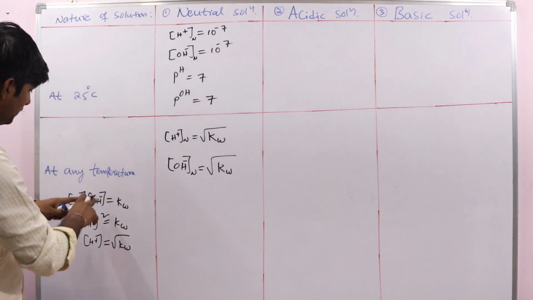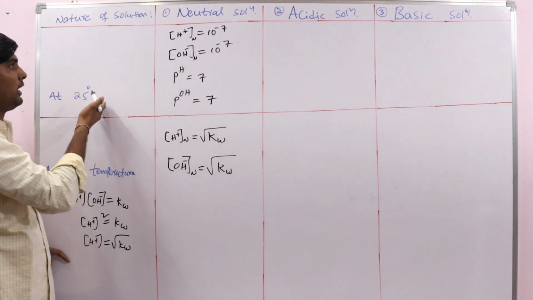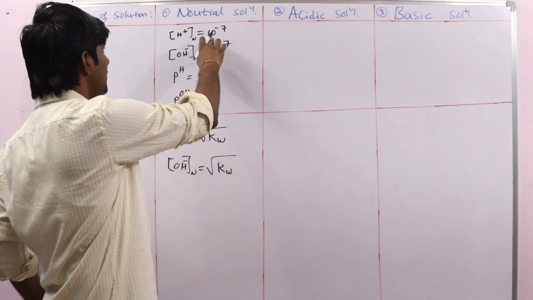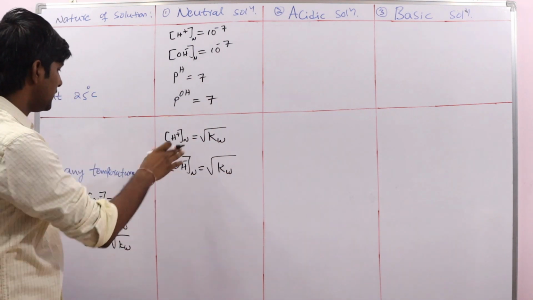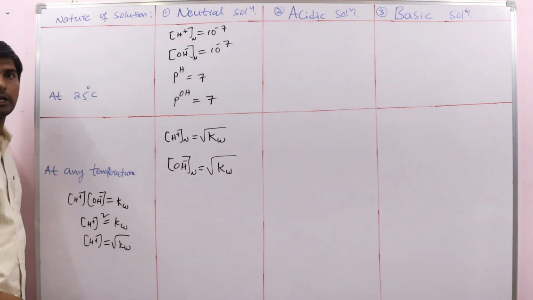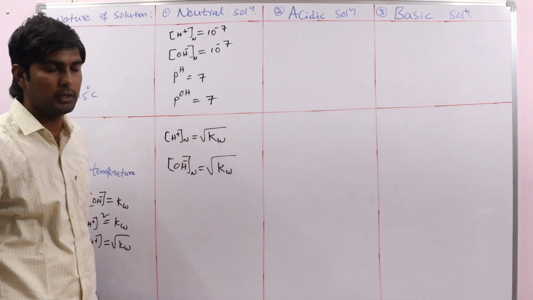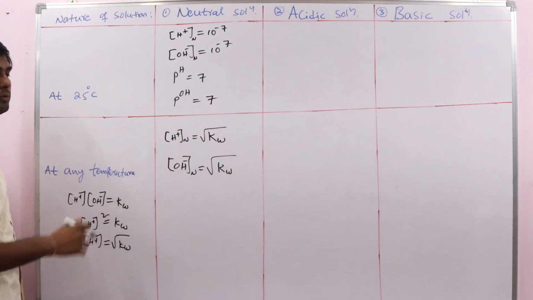In this way we get this relation. Same here, at 25 degrees centigrade, Kw is 10 power minus 14, fixed. So we get 10 power minus 7, the square root of 10 power minus 14. This is the general case at any temperature, whatever the temperature may be. Very important case. So in this way we get H plus ion concentration equal to root Kw.